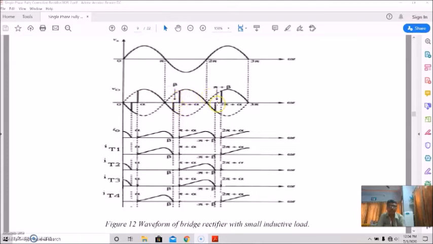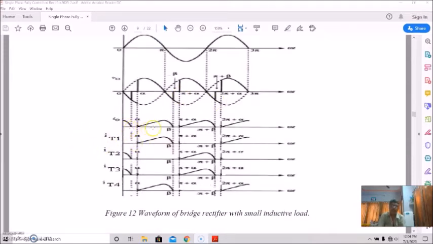In this way, alpha, pi plus alpha, 2 pi plus alpha. This is the first delay angle, this is the second delay angle. So fire at pi plus alpha. This is the output current.